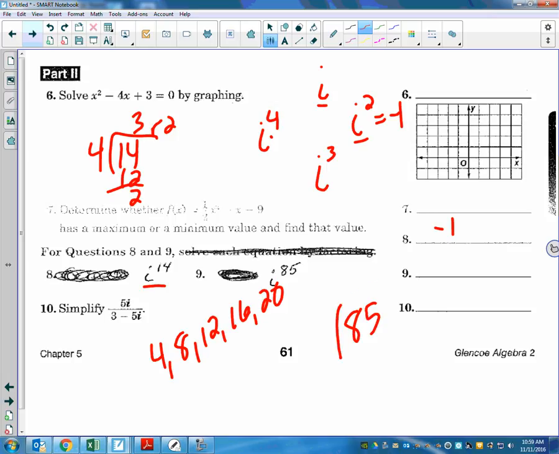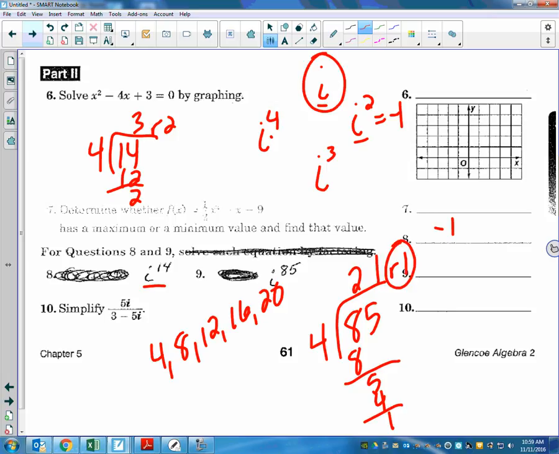Now 85 divided by 4. 4 goes into 8 2 times. 4 goes into 5 1 time, with how many left over? 1. So it has a remainder of 1, which means it's the same as just i to the first, which is just i. Because there's 4 choices. There's only 4 options that could happen: 1, 2, 3, 4.